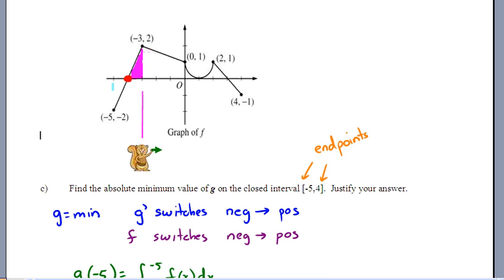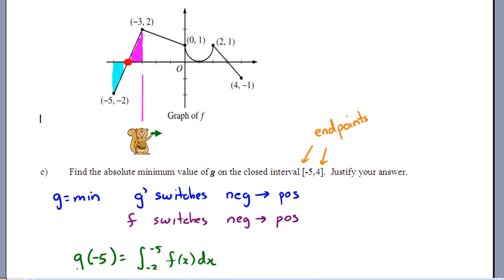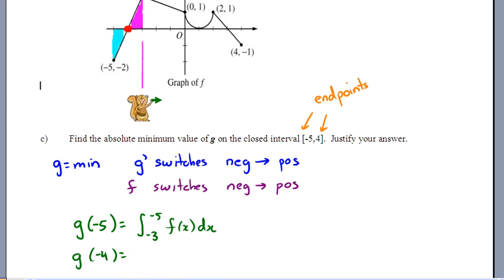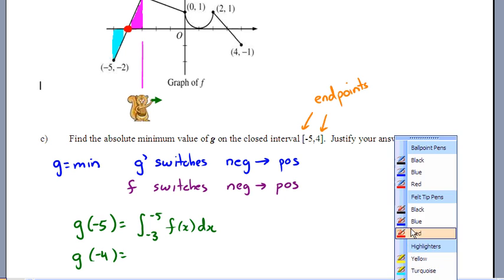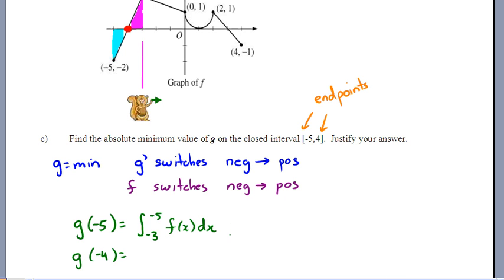And then you end up with this part, where the chipmunk is gathering up area by doing a negative walk with a negative function. That would be a positive area. And that beautiful little bow tie is just going to cancel out, and it's going to add to 0. So the value for g at -5 is just 0.